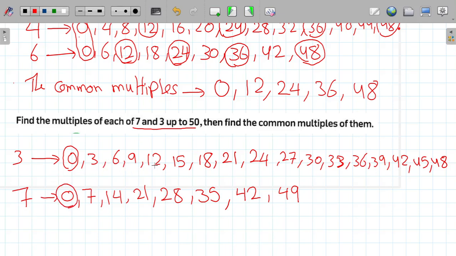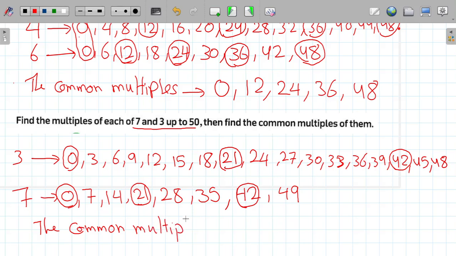Next I have 21. And next I have 42. So I can say that the common multiples are 0, 21, and 42.